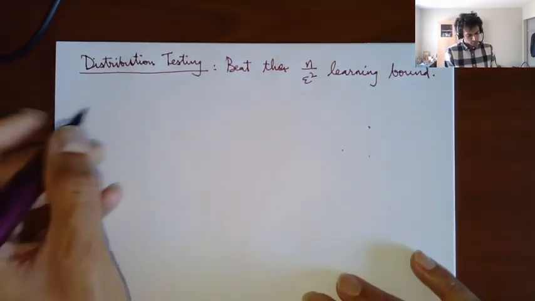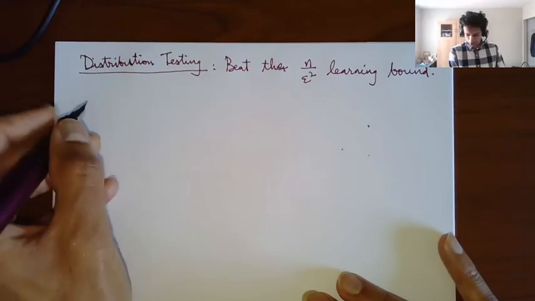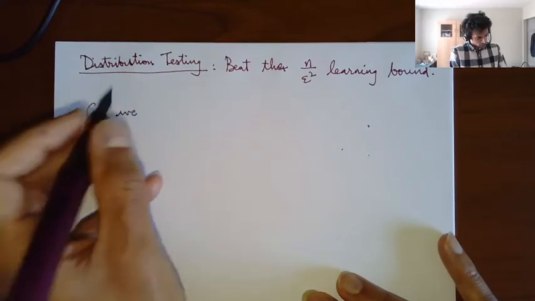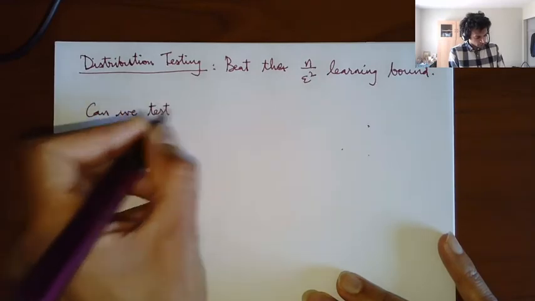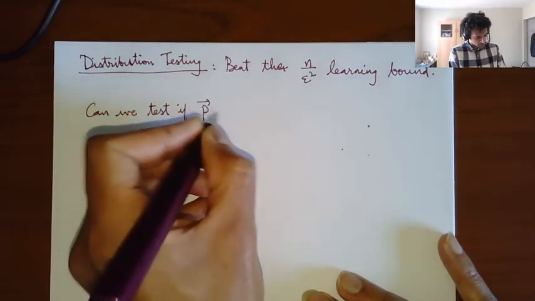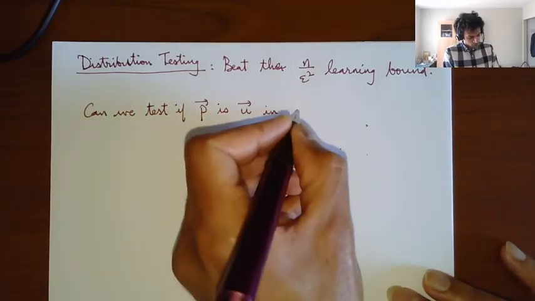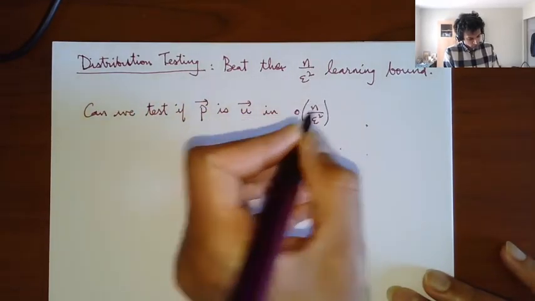Specifically, the first question in this form is, can we test if P is U in little o of n over epsilon squared samples?